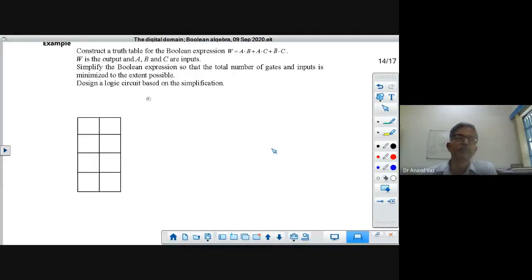So how are you going to implement it? That's another thing after the simplification. So first of all, let us begin with construction of a truth table for the Boolean expression.